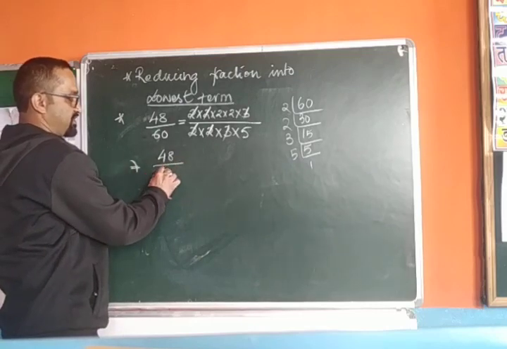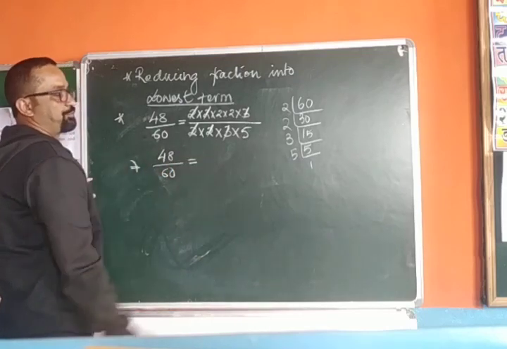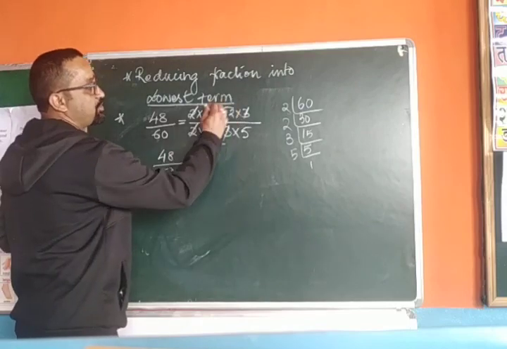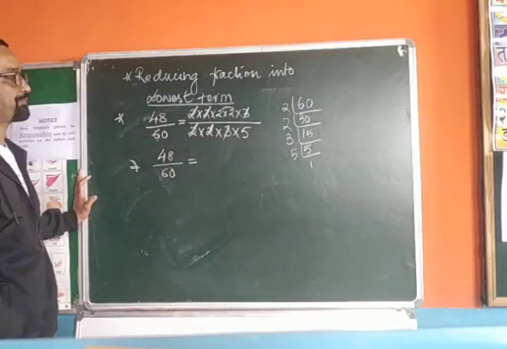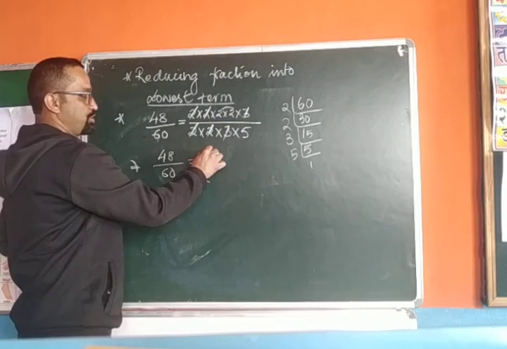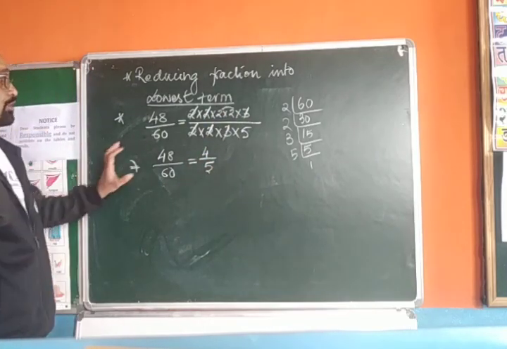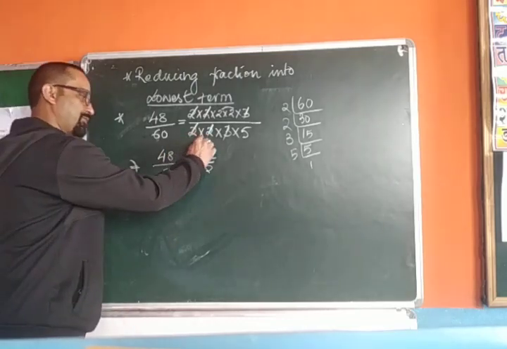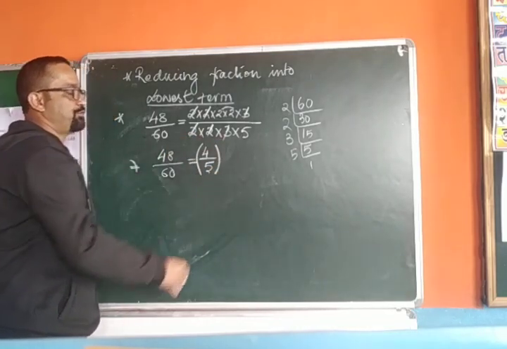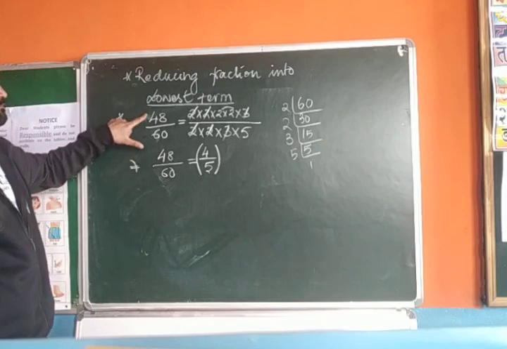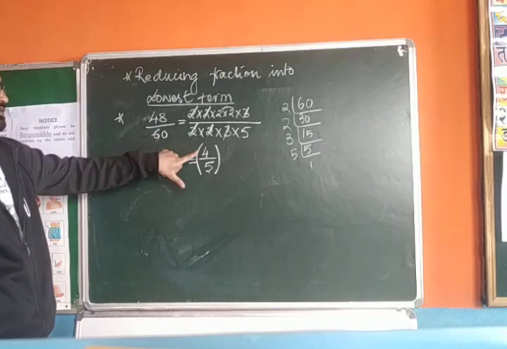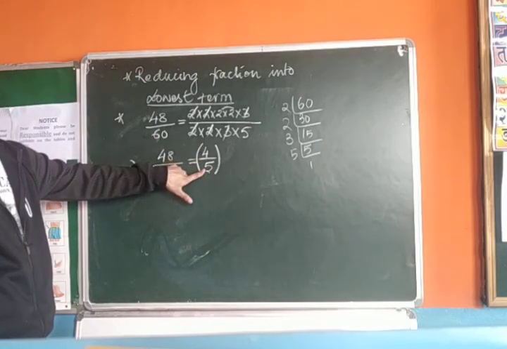48 by 60 equal to, multiply the prime factors which cannot be cancelled. 2 multiplied by 2 is 4, 5. So the lowest value of the given fraction 48 by 60 is 4 by 5.